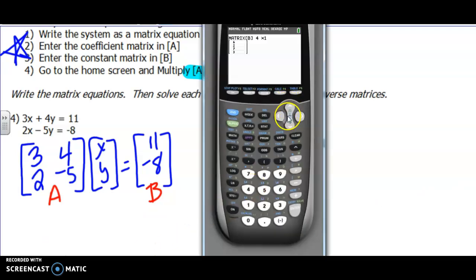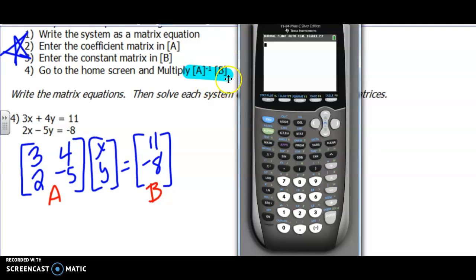Okay, so matrix B, I'm going to change that to a 2 by 1 and put in my 11 and my -8. And then I'm going to quit out of here. And as it says in what I highlighted right here, I'm going to get second matrix A. So on my home screen, I have matrix A. Then I have to go to the button that has matrix, but I don't want to push second.